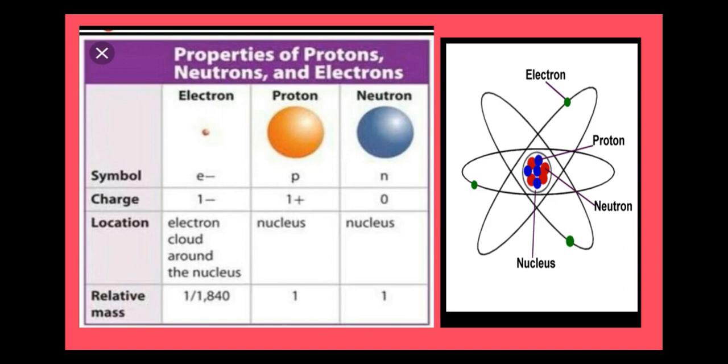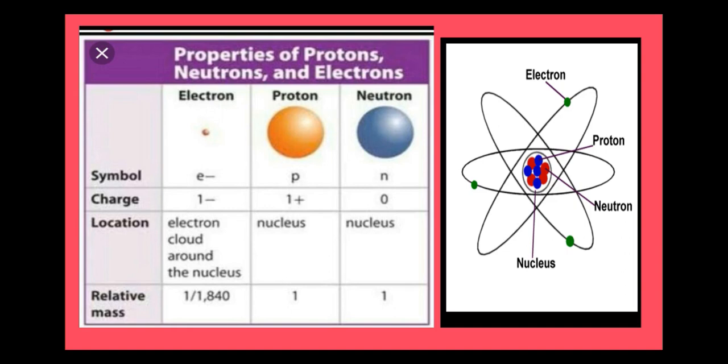Location: electrons are found around the nucleus, that means in the orbits or energy shells. Protons and neutrons are situated in the nucleus. Now mass: the mass of the electron is very small or negligible. It is 1/1840 times that of the hydrogen atom.